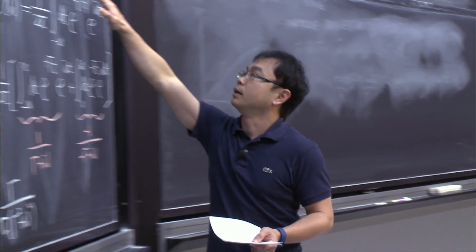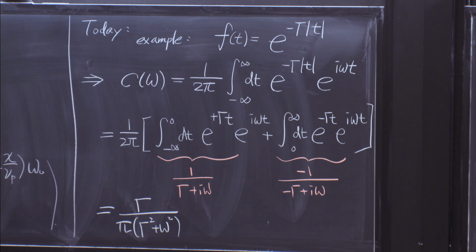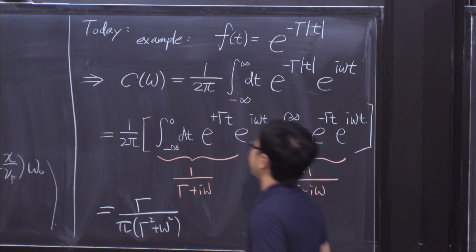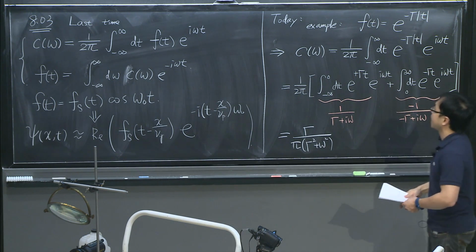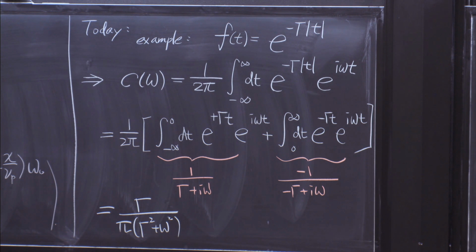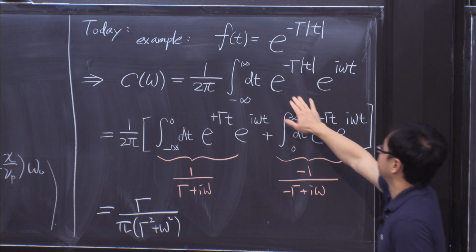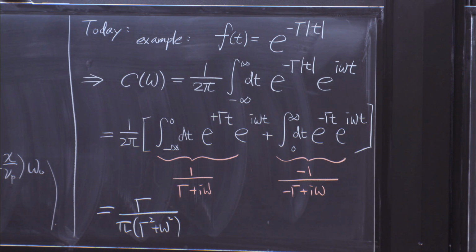With this function, I can now do the usual Fourier transform and extract the wave population as a function of angular frequency, c as a function of omega. According to the formula we introduced last time, we can quickly write it down like this: 1 over 2 pi, integration from minus infinity to infinity over time of the original function f of t, multiplied by exponential of i omega t.